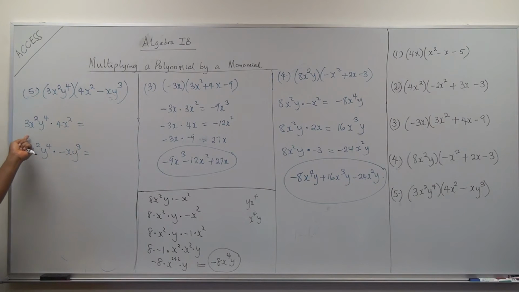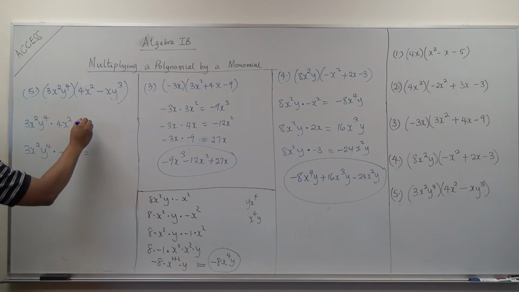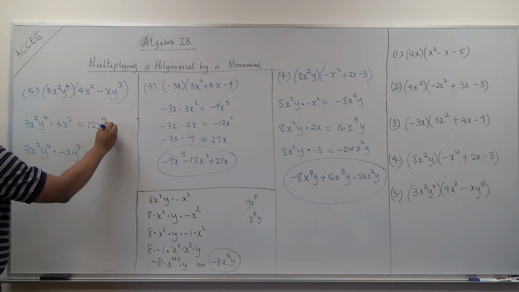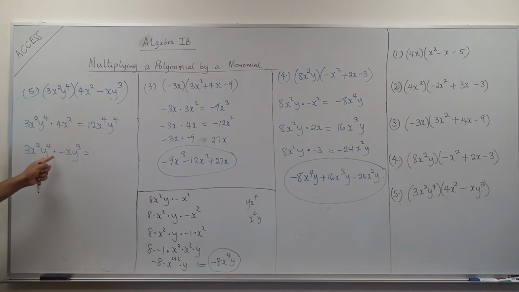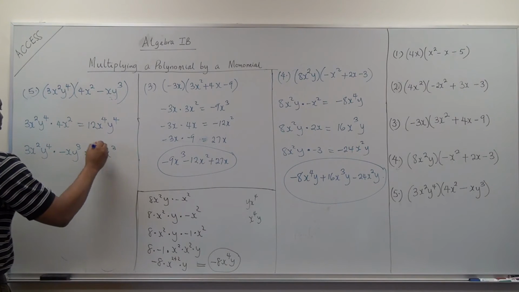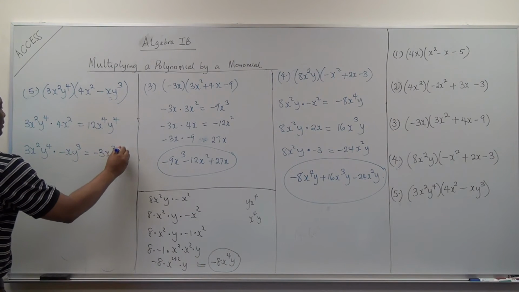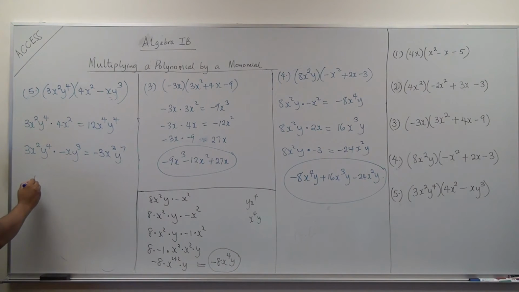So if we split, 3 times 4 is 12. x squared times x squared is x⁴ and y⁴. Now this is negative 1. So 3 times negative 1 is negative 3. x squared times x, 2 plus 1 is 3, x cubed. y⁴ times y cubed, 4 plus 3 is y⁷. Write as is, it will be 12x⁴y⁴ minus 3x cubed y⁷.